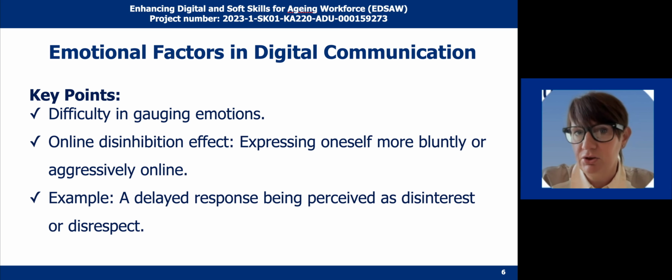Additionally, the anonymity and distance provided by digital communication can sometimes lead to disinhibition, where individuals express themselves more bluntly or aggressively than they would in person. This phenomenon, known as the online disinhibition effect, can escalate conflicts and make resolution more challenging.